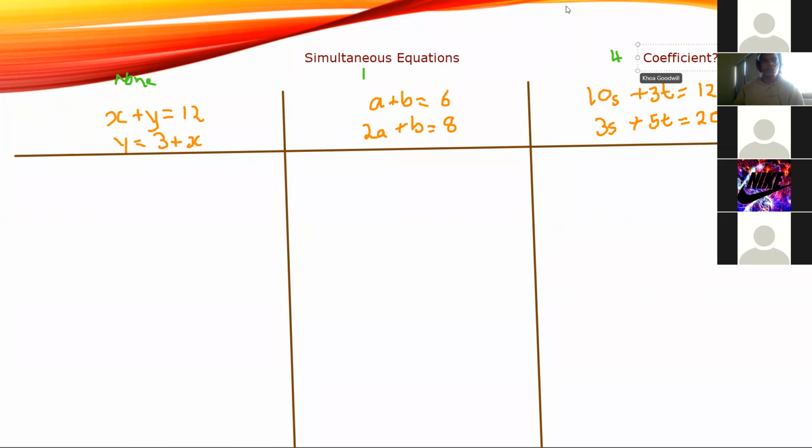Having that in mind, we can also see why I selected this one: this example over here is not straightforward, because the x and the y's are not both on the same side. It's different from the other ones where we have a and b on this side, a and b on this side, 10s and t on this side, and s and t on this side. So this is the difference in the examples that we will be looking at today.